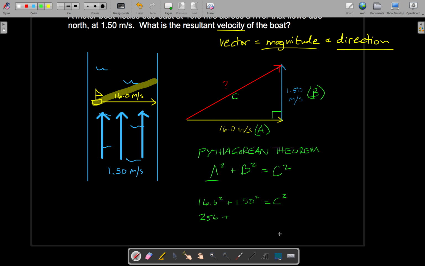This one turns out to be 2.25. That equals c squared, and then we're just going to add these two numbers together. So our c squared is 258.25. And because c is squared, we need to get rid of this squared symbol by taking the square root.